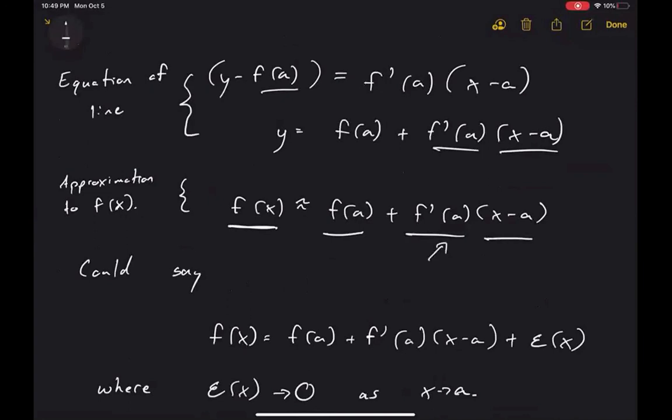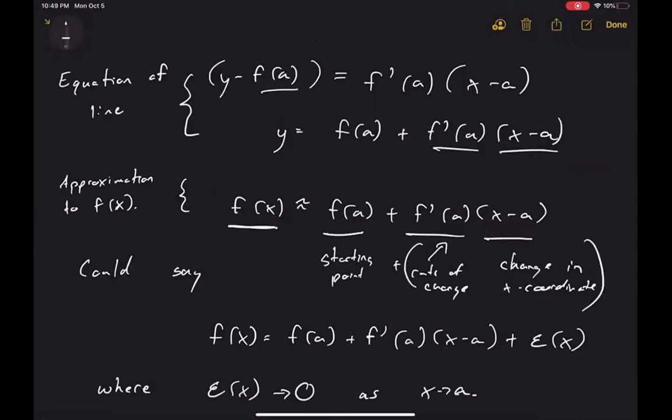So it's like slope, or rate of change, times a change in the x coordinate. That should give us some total change, and then we're adding to it our starting point. So starting point plus the total change should give us about our function value, our f of x.